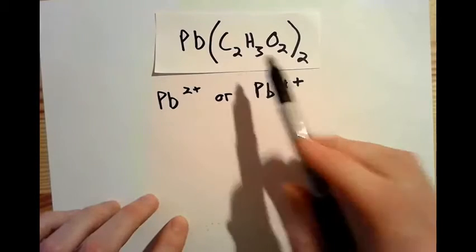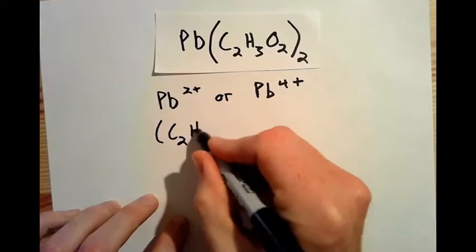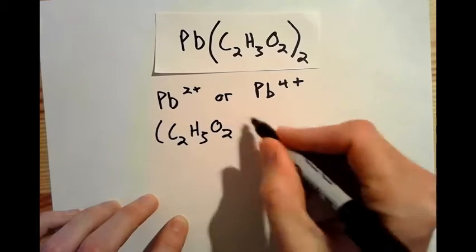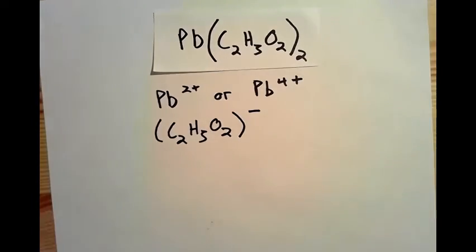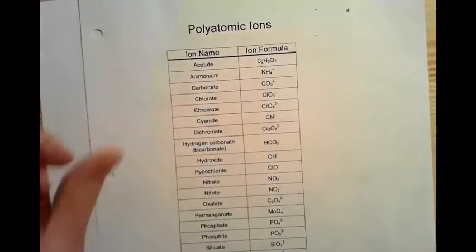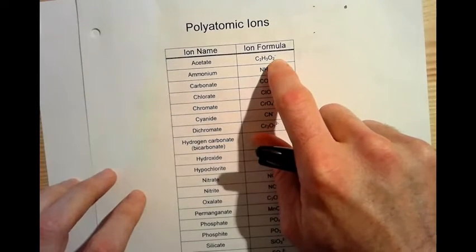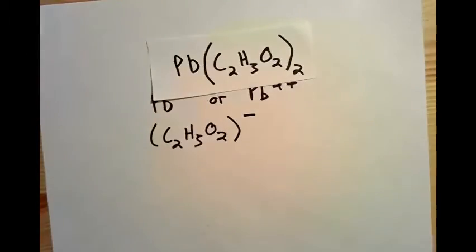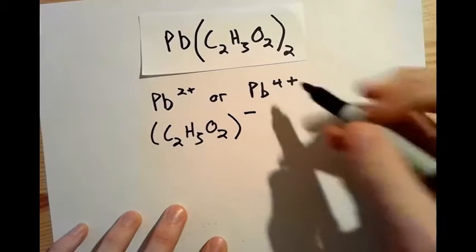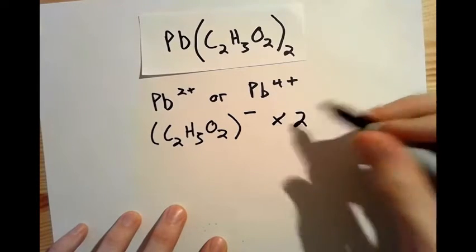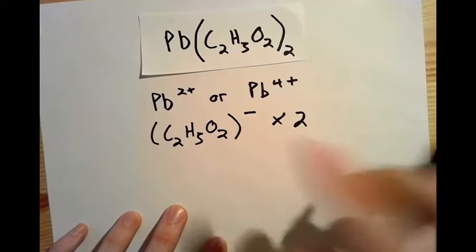So if I know that I have an acetate ion, C2H3O2, in parentheses, this is a minus ion, because when I memorized this, I also memorized that the charge was a -1. Now, I know that there are two of them, so I'm going to multiply this by 2. That multiplies all the masses by 2, but it also multiplies the charge.